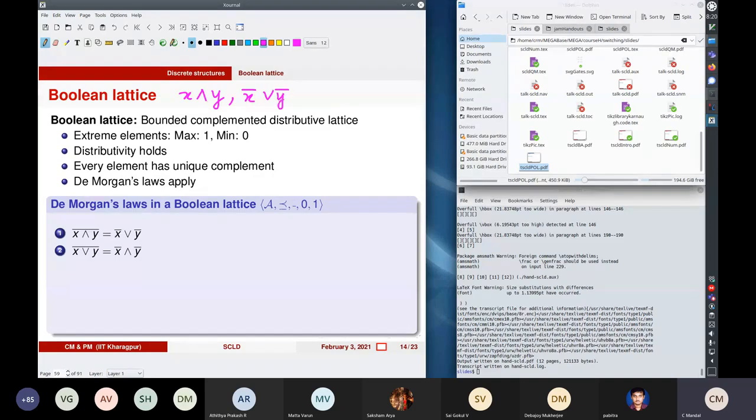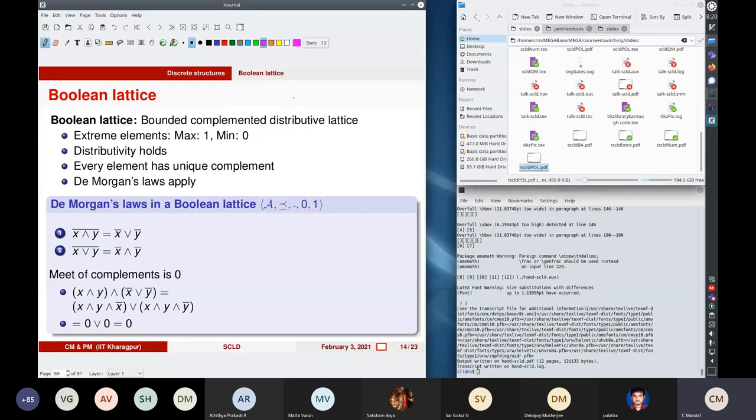And you have to show that this expression is the complement of this expression. So they have to satisfy the properties of complement. That means their meet should be 0 and their join should be 1. So we just need to verify these two properties.